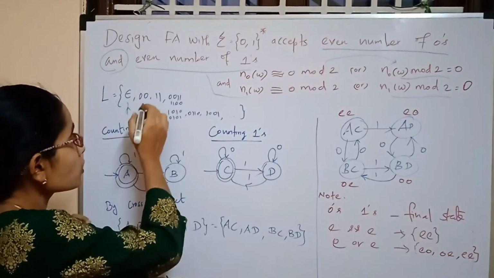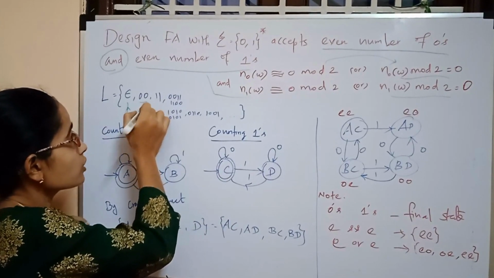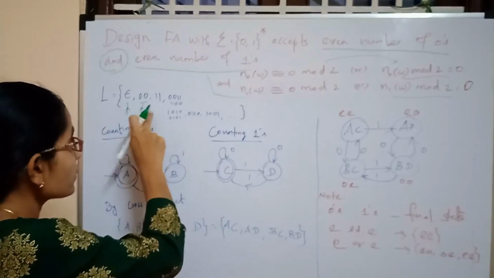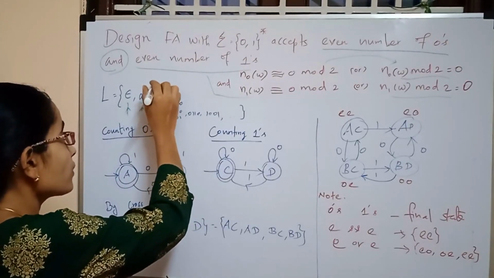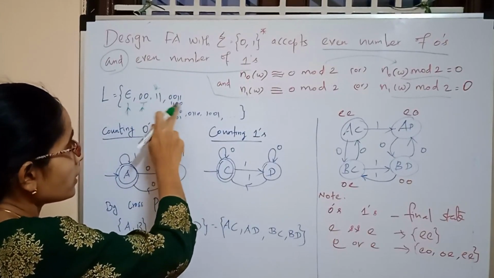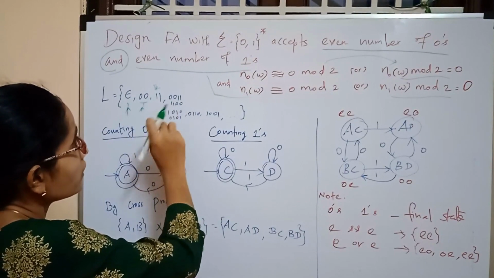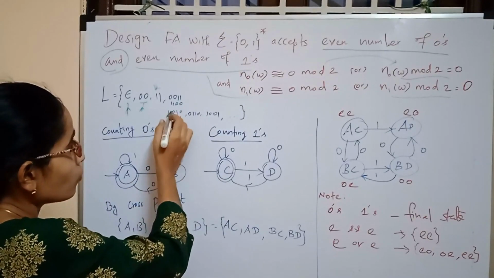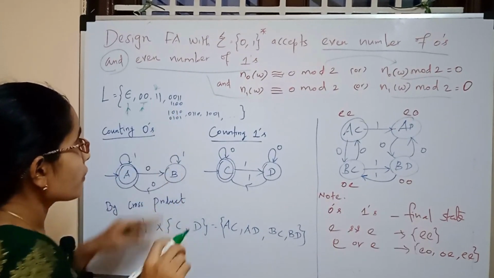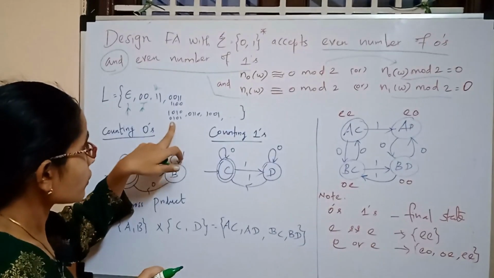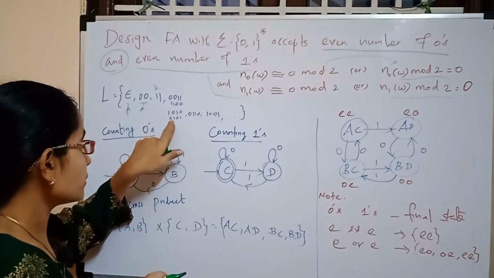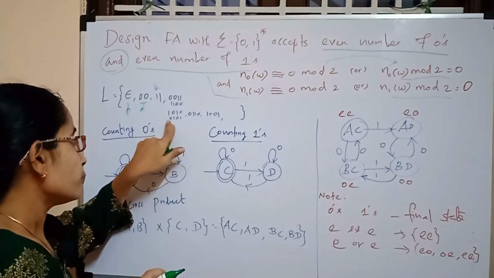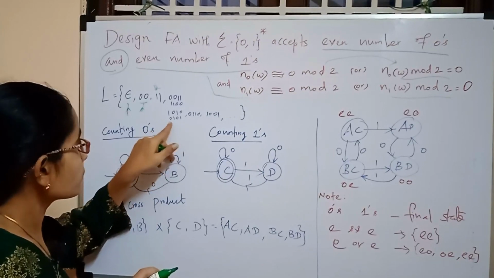Then 0 0 may be a string that is a member of that language, or otherwise I can have 1 1. Otherwise I can have 0 0 1 1. So even number of zeros and even number of ones, when you're counting the zeros and ones, that should be even.